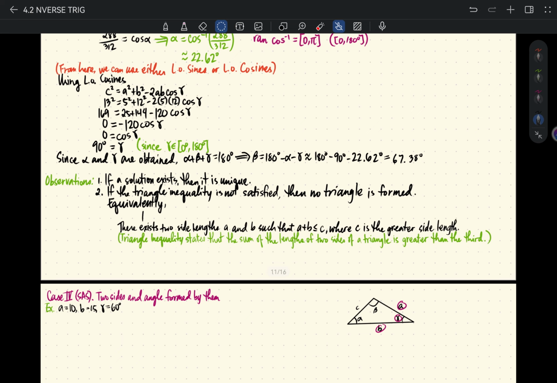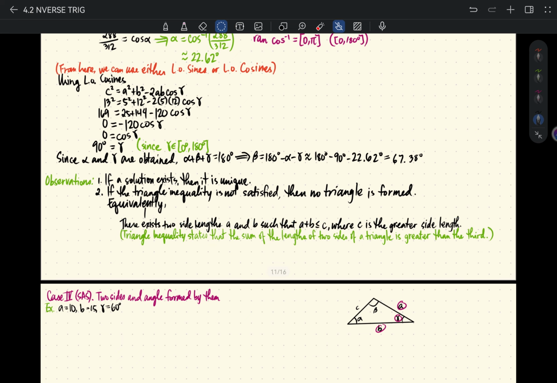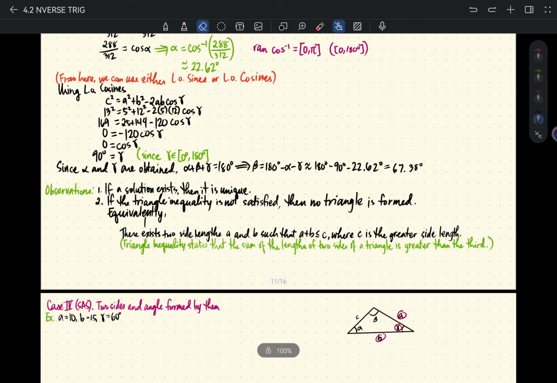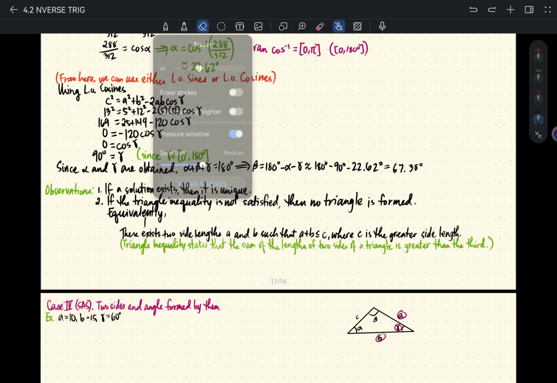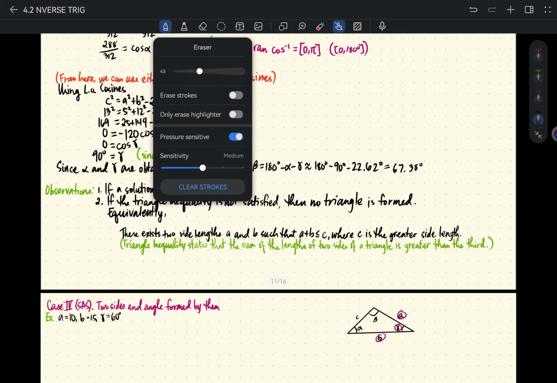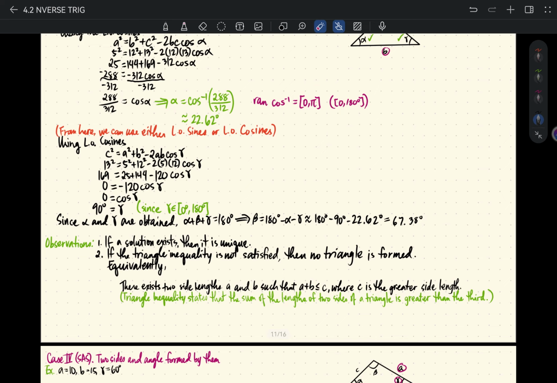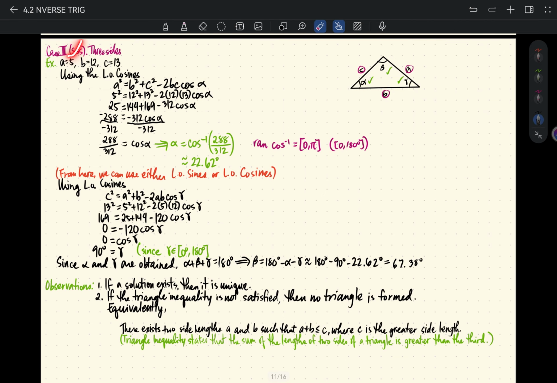Equivalently, there exist two side lengths A and B such that A plus B is less than or equal to C, where C is the greater side length. So if you look at the given, 5 plus 12 is greater than 13. 12 plus 13 is greater than 5. 5 plus 13 is greater than 12. And so, triangle inequality is satisfied in this example.